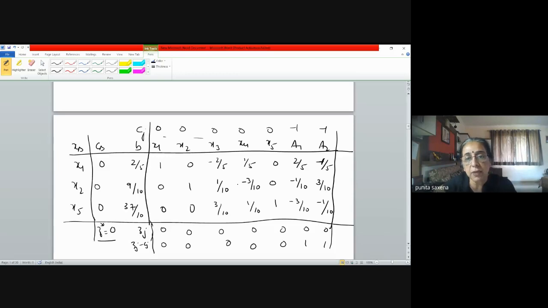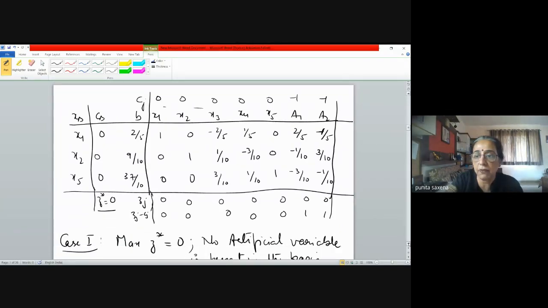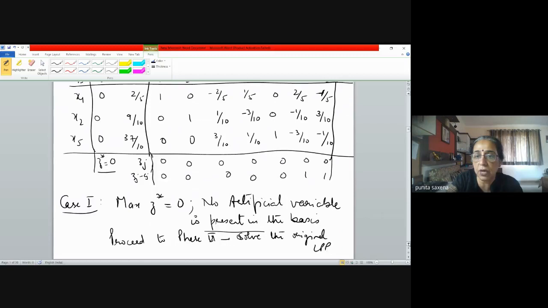The other things remain the same. In a way, phase 1 has given us an initial basic feasible solution for the problem minus the artificial variables. When we move to phase 2, we'll have to write the table again, no doubts.